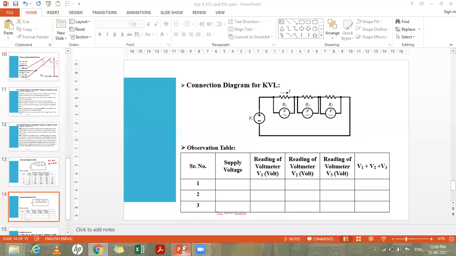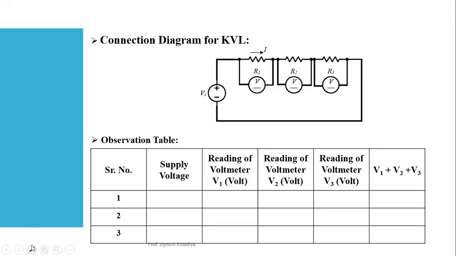Okay, now let us first decide the value of resistance. So I'm going to take R1 10, R2 30, R3 20.